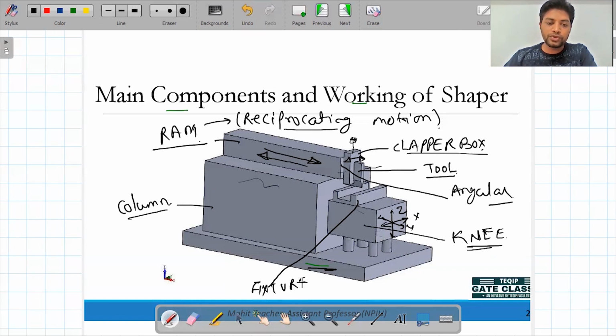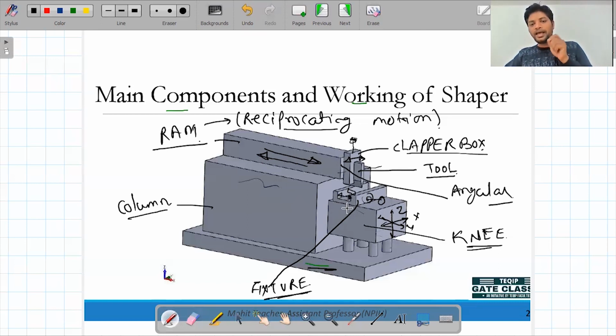The fixture is generally used to hold the workpiece. We mount the workpiece inside it, and there is another mechanism with a feeding kind of arrangement, again screw and nuts. The nut is part of the fixture body, and inside it a screw is mounted. Initially we take a standard, generalized size.